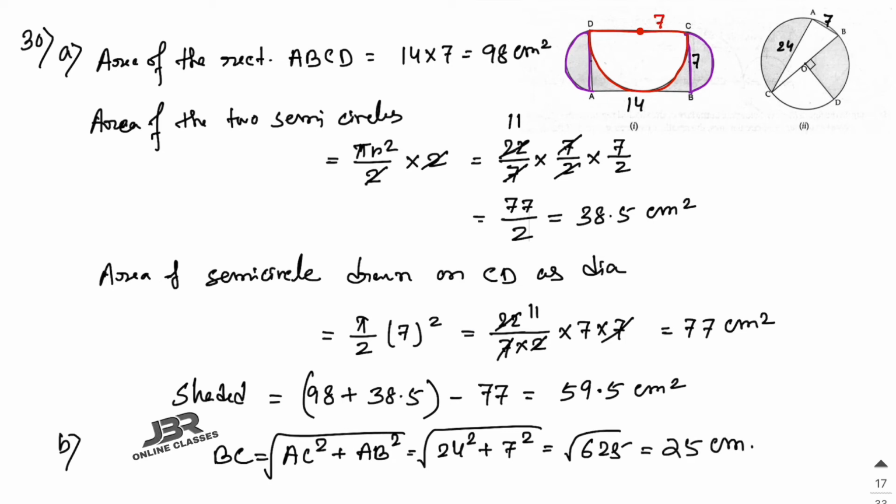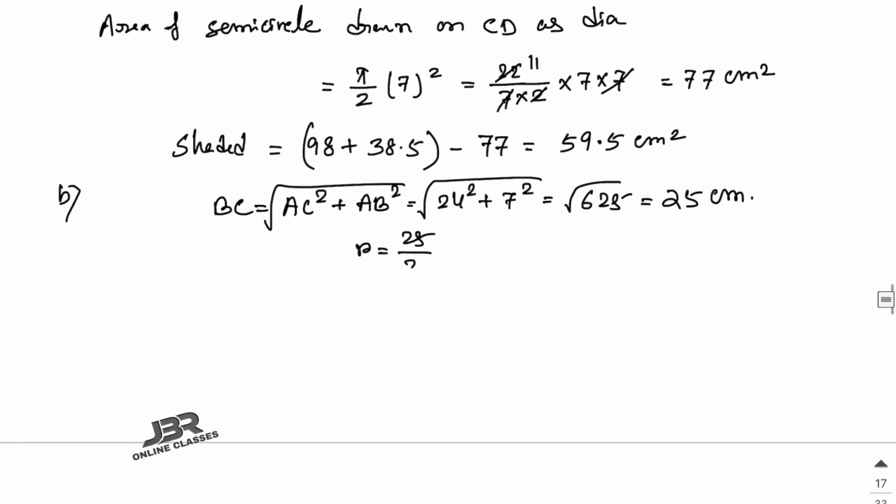Okay, so diameter equals 25, that means radius equals 25 by 2 centimeter.